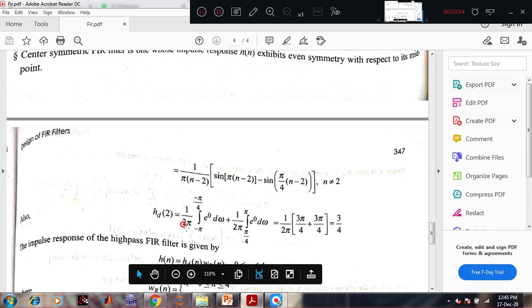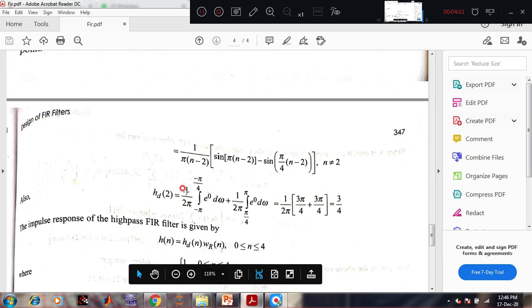So 1 divided by 2 pi, and the integration of 1 with respect to d omega is omega. Apply the limits, you will get 3 pi divided by 4 plus, and for this also it is 3 pi divided by 4, and simplifying, you will get 3 divided by 4. So this is Hd of 2, you will get 3 divided by 4, and this is the expression for Hd of n.